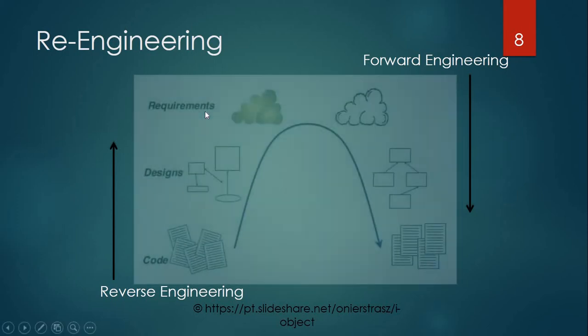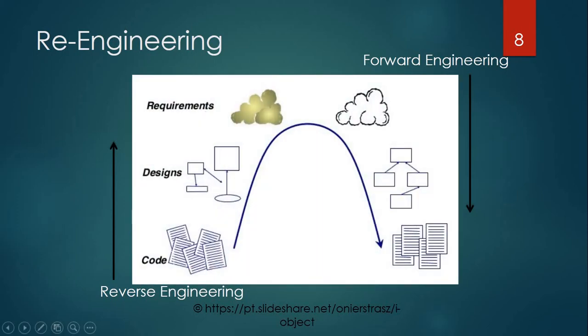Here you can see that in reverse engineering, first of all we will find the code of our software. After it, we will go to the design of our software, and in the last we will check the requirements for the software.